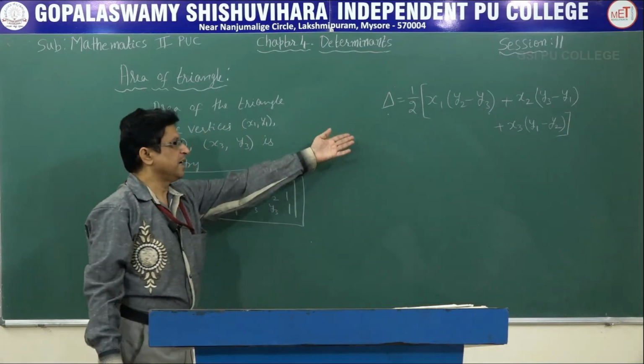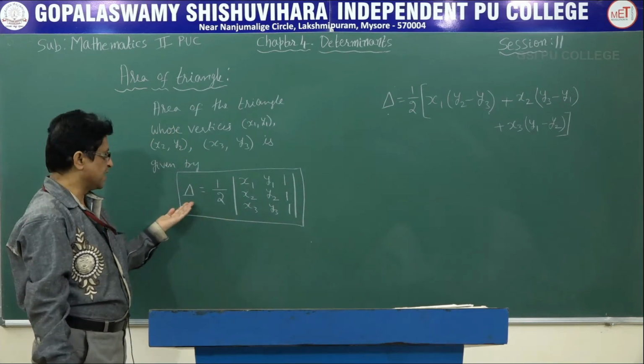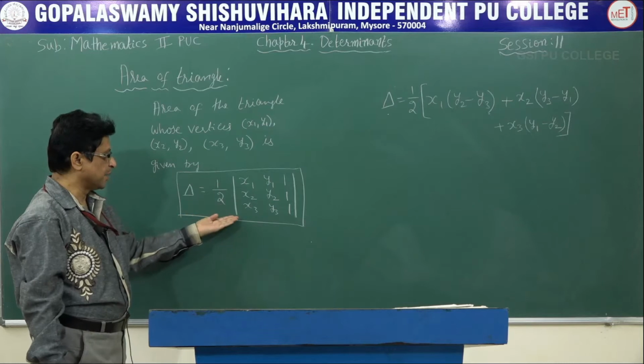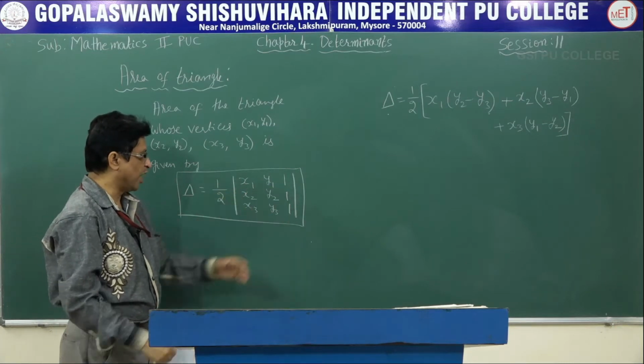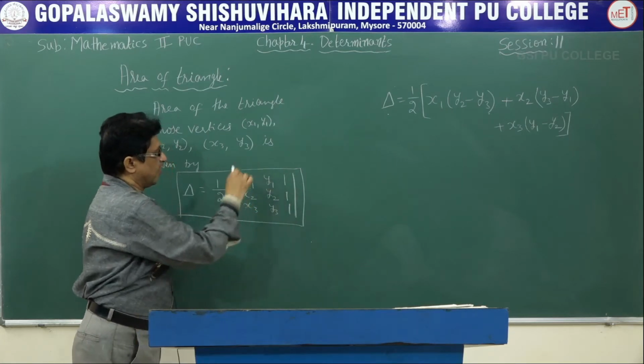Now this can be expressed in determinant form: area of triangle is equal to half into determinant of x1 y1 1, x2 y2 1, x3 y3 1.